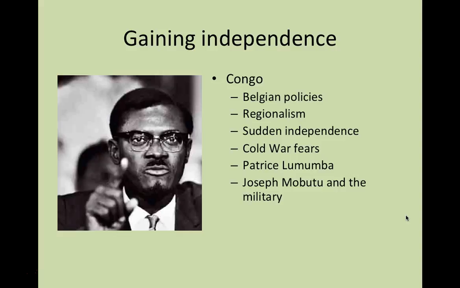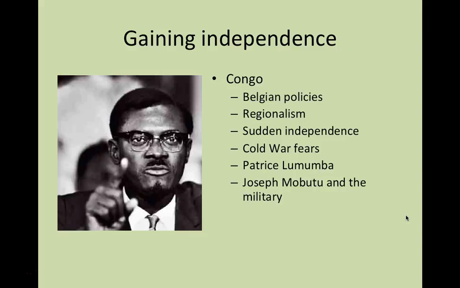Now, in about 1959, I think spooked by the Mau Mau revolt in Kenya, by some of the violence taking place in Algeria, by increasing calls for independence in the Congo itself, by a number of other factors, the Belgians decided to leave. And they decided this rather suddenly.